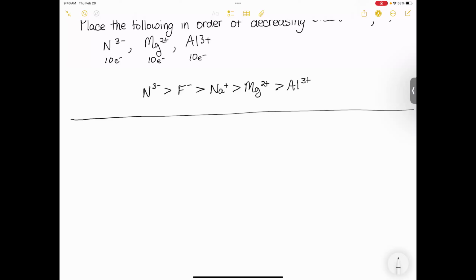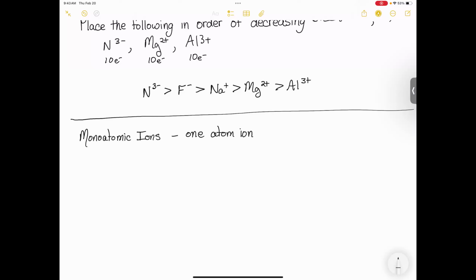Okay, so with respect to your monoatomic ions, mono means one, atomic, atom, ion.